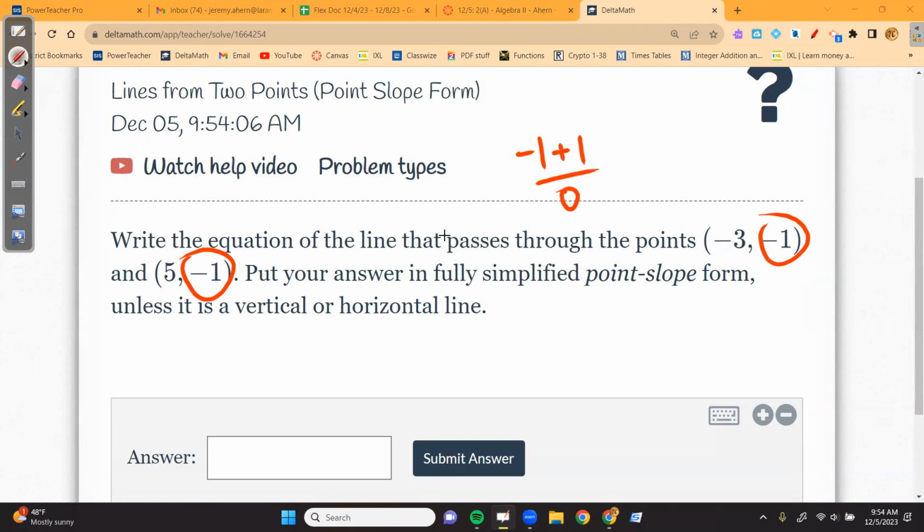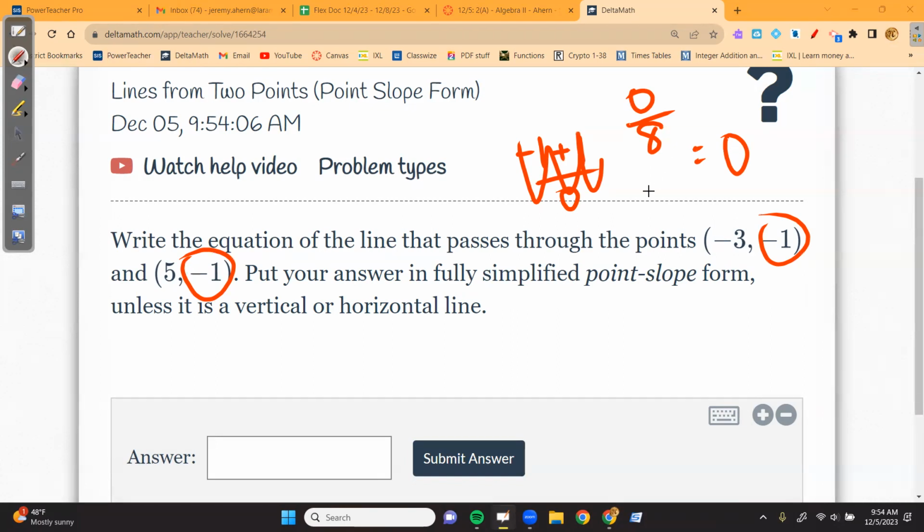And you wind up with 0/8. You see how I got that? Well, what does that mean the slope is overall? And if the slope is 0, what kind of line is that? It's horizontal. Very good. You make sure you know that before today's quiz. So if the slope is 0, then it's a horizontal line.